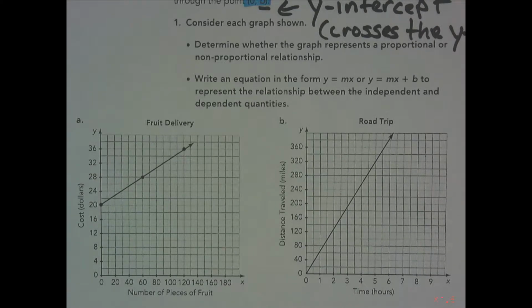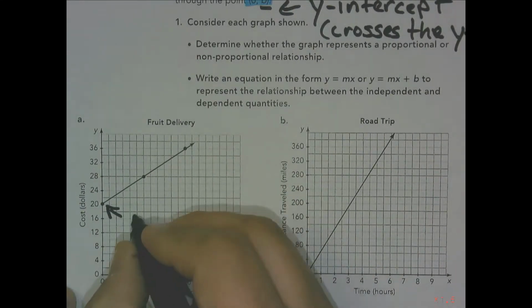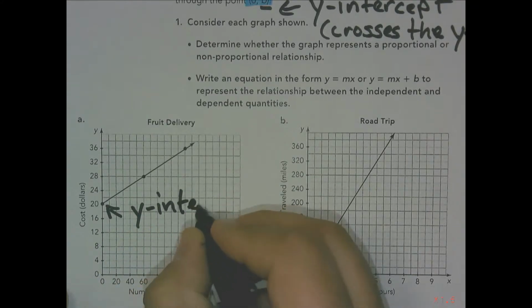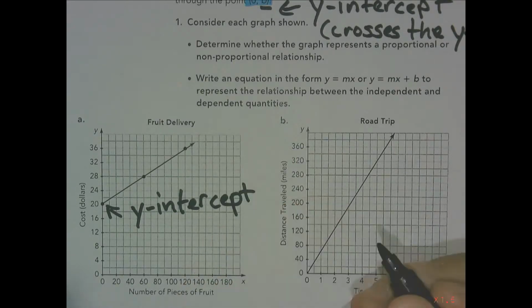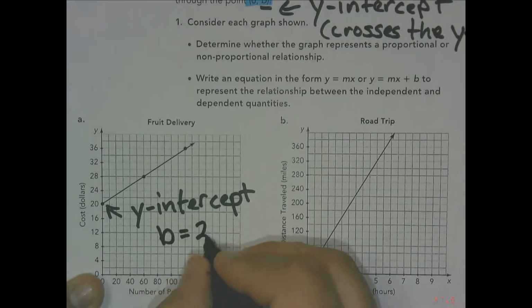So if I look at graph A, does that go through the origin? Yes or no? No. So let's jot that down. Crosses the y-axis or the y-intercept. Where does that cross the y-axis at? B equals 20.